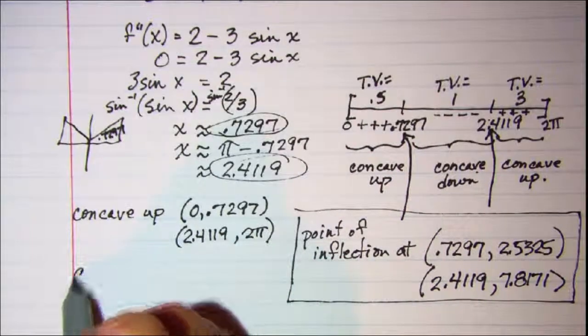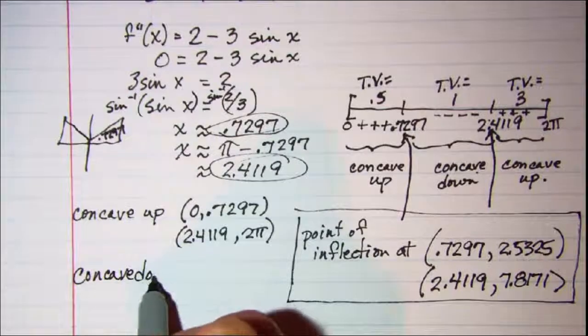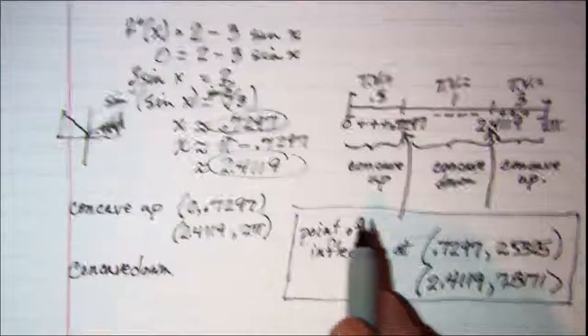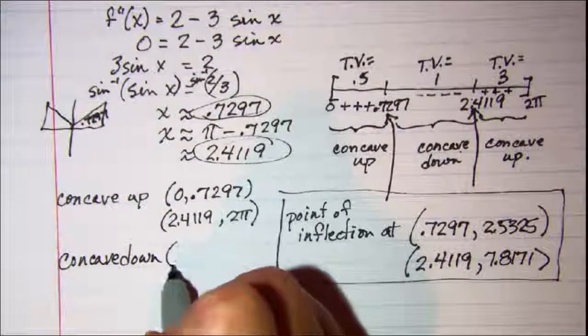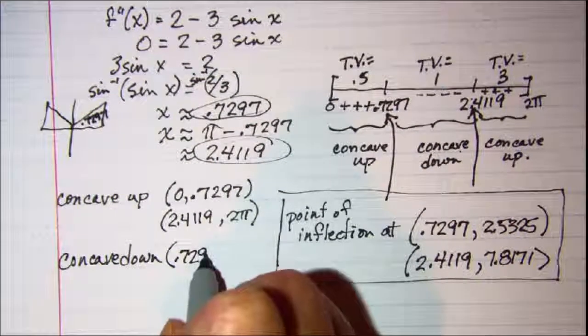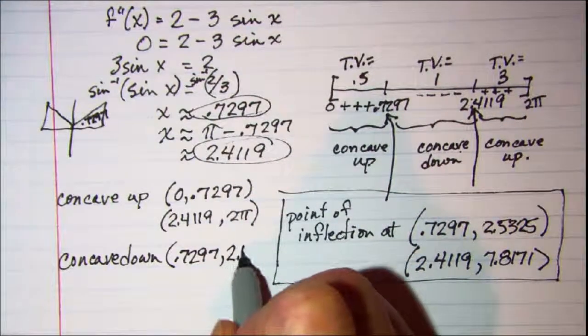And then concave down on this middle interval, 0.7297 to 2.4119.